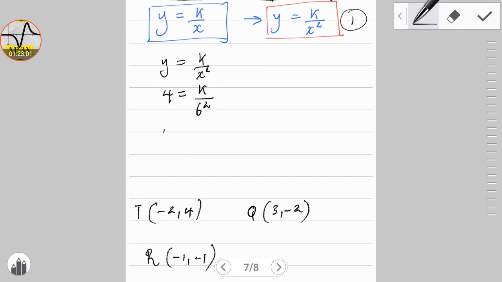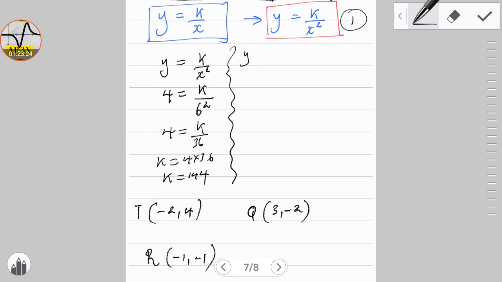So the square of x, 4 is actually equal to k divided by 36. And when the unknown variable is at the top of the equation, we simply multiply 4 times 36. Mathematically, that works out that k is equal to 144. Beautiful. So that is how we find the value of k.